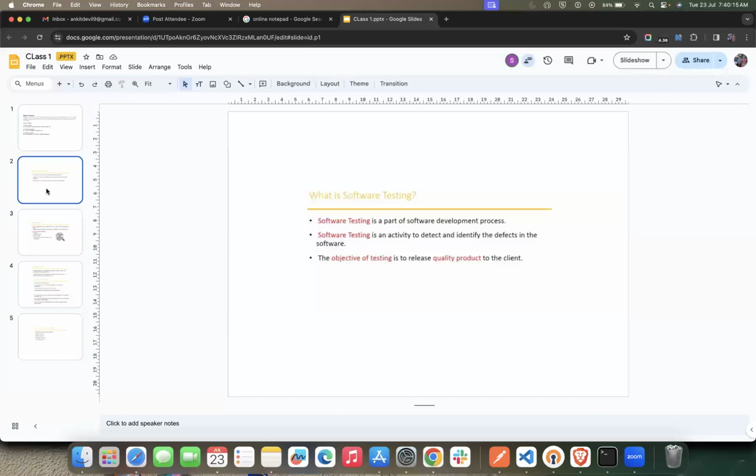If I need a website where I enter an email address in a box, and as soon as I enter the email address and press the submit button, I should get an email from that website saying, hi, you have registered on our website. But what if I enter the email and click on the submit button and I don't get a confirmation email? So that's the defect.